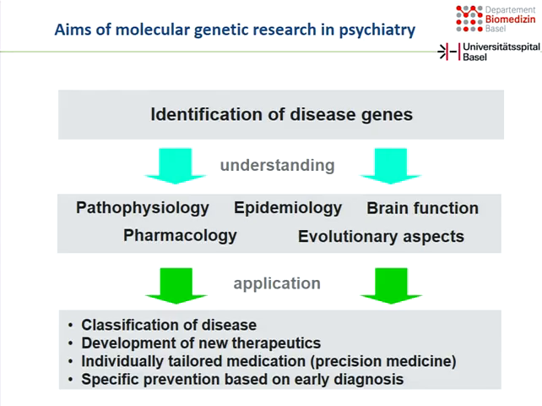And then a very interesting aspect is the evolutionary aspect. Why are these disorders so frequent in the population? There is obviously a lot of impairment. These patients are really handicapped, but still these disorders are very, very frequent. Why is that?